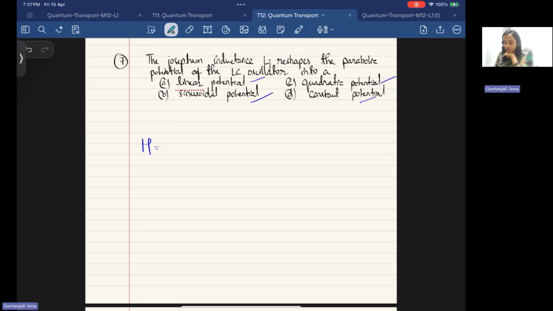Initially, we had a Hamiltonian of 4 EC n square plus EL chi square. So this is for the simple LC oscillator.